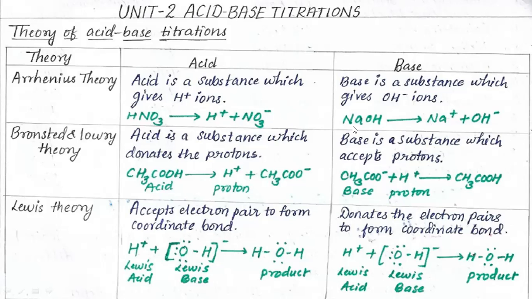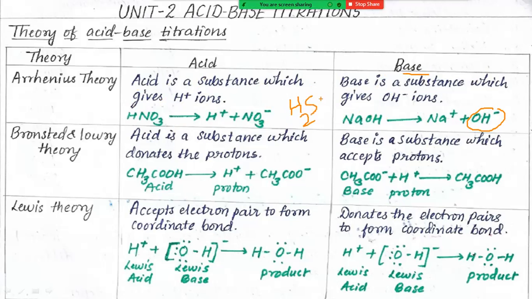In the same way, sodium hydroxide, which is a strong base, when dissolved in aqueous medium, gives sodium plus ions and OH minus ions, right? So sodium hydroxide is dissociated or ionized, forming hydroxyl ions. That's why sodium hydroxide is called an Arrhenius base.